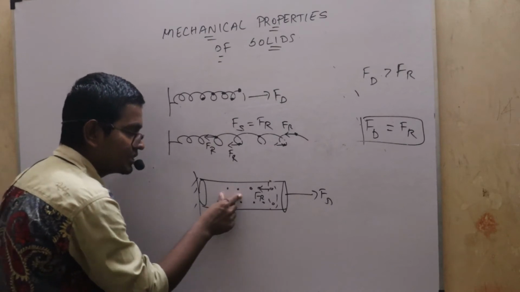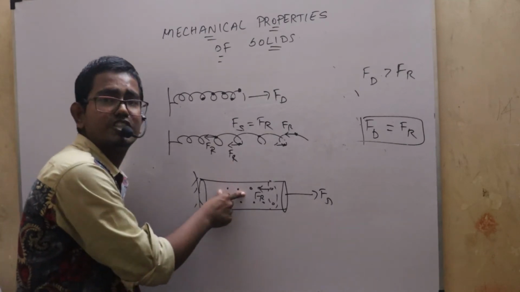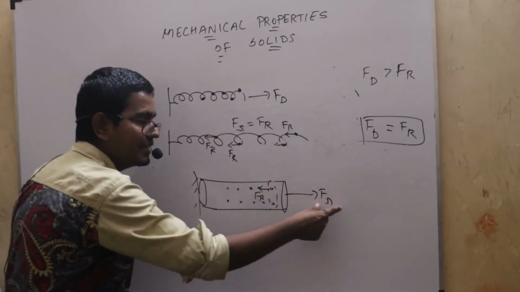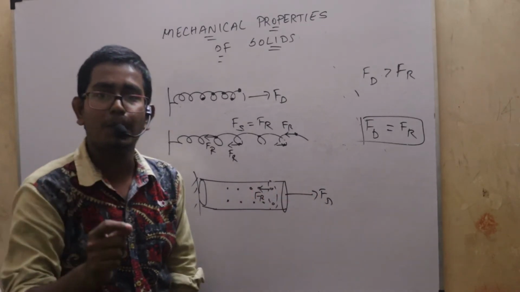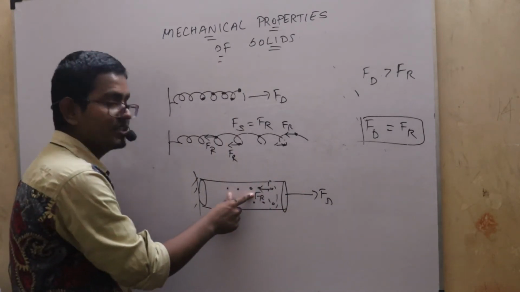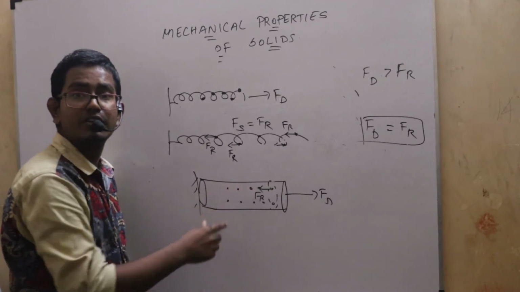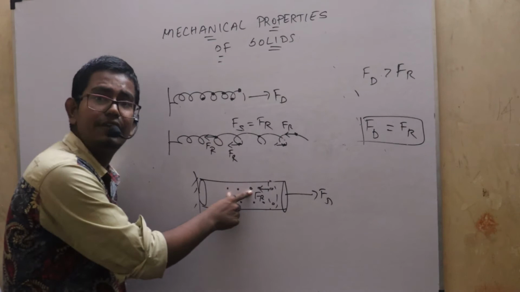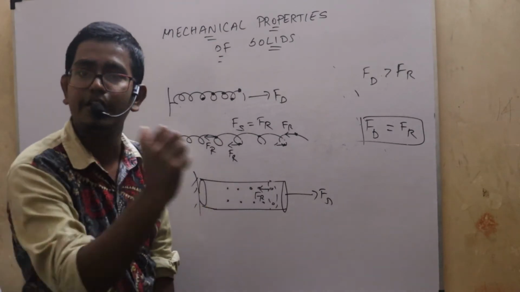Any molecule of this rod is not ready to leave its position because the restoring force is generated, exactly opposite and equal to the deforming force. That's why this rod is not willing to leave its shape or size. That means it is opposing the deforming force.